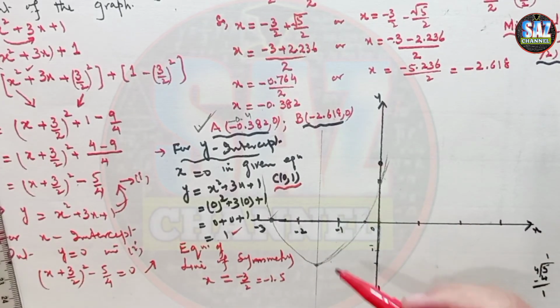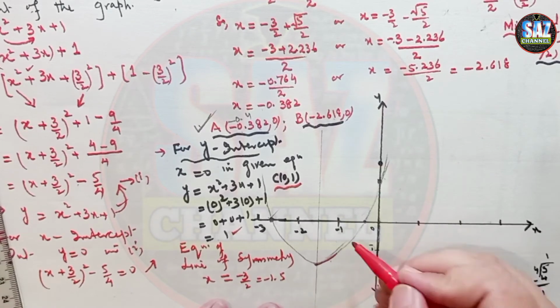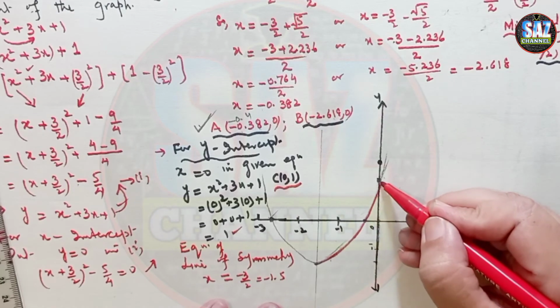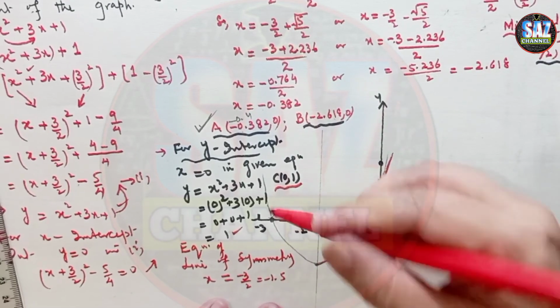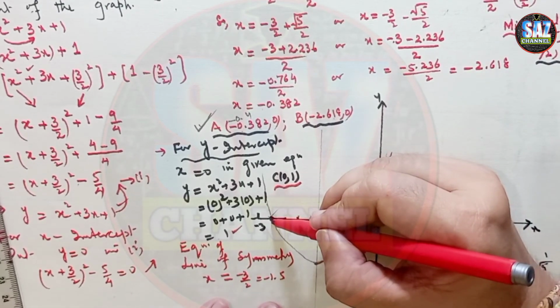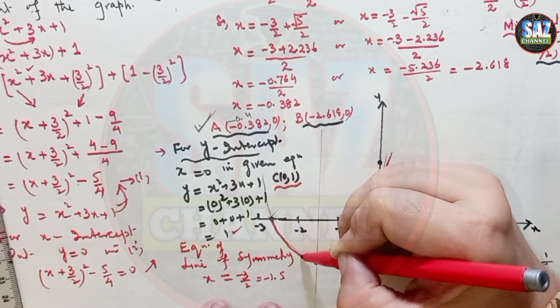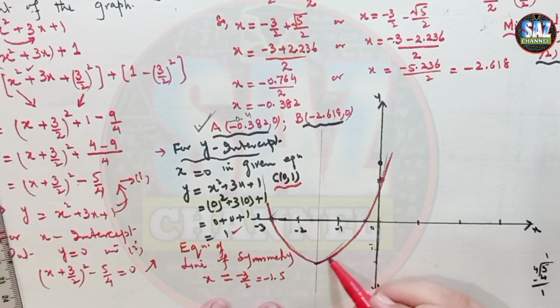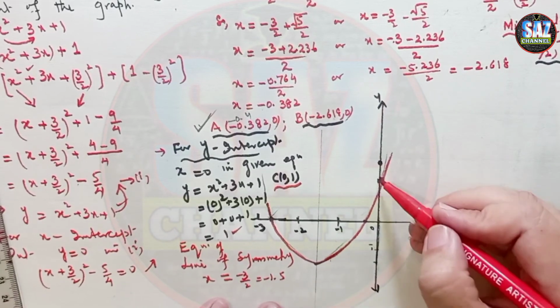Okay, now let me go for the perfection of the curve. Then I have to join these points over here, and let me stop over here so that my curve does not go into the working.